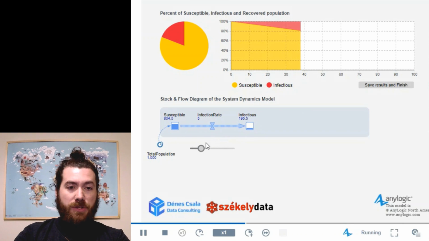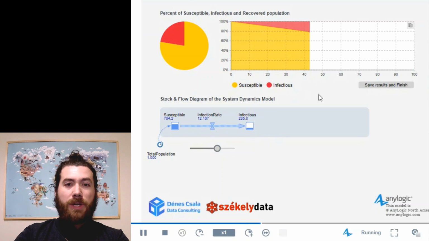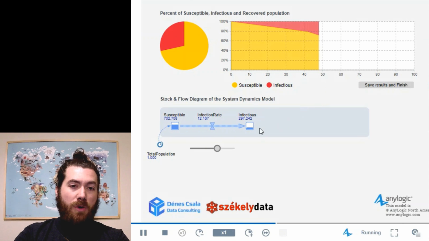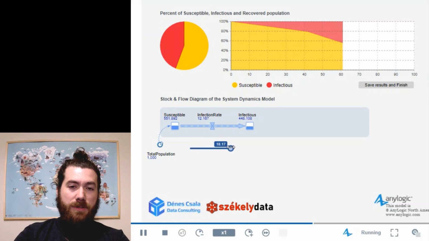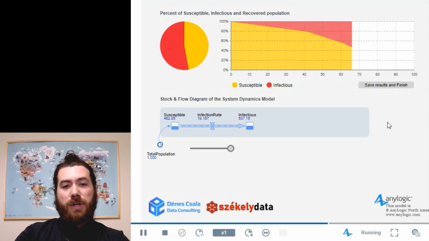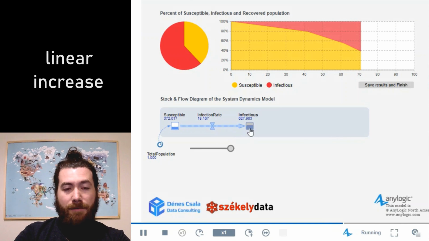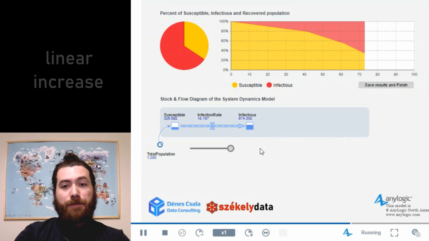If I change the infection rate, the slope of this accumulation will change, because you must remember that stocks are integrals of flows, and an integral of a constant is just a line with a slope specific to that constant. So if I have a higher infection rate, I will get everybody infected faster.